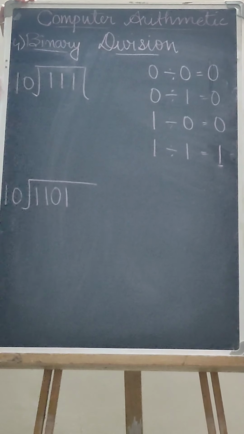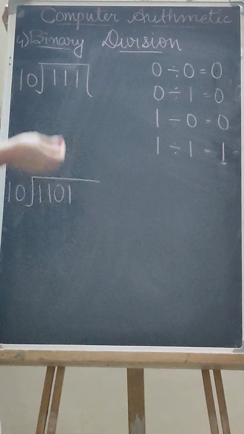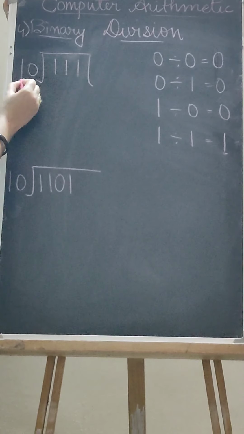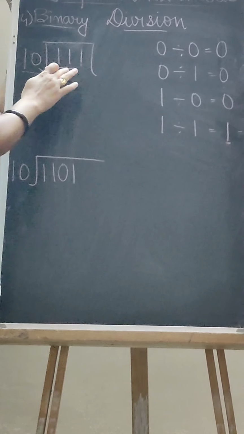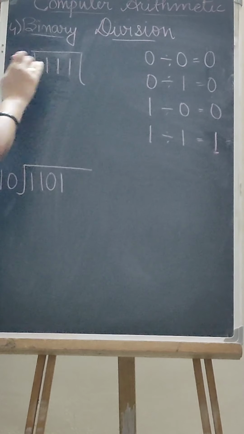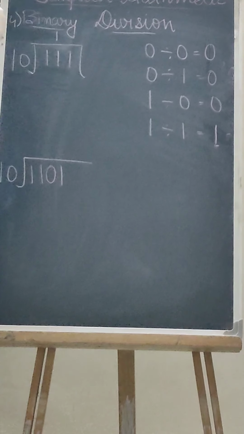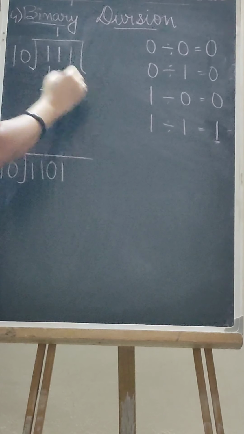Right? So how to divide now? As we divide in normal division, the rule are same. The way of division is same. This is 1 0. We have to take these two digits initially. Now when we will divide this 1 1 by 1 0, divided by 1. 1 0 into 1 is 1 0.